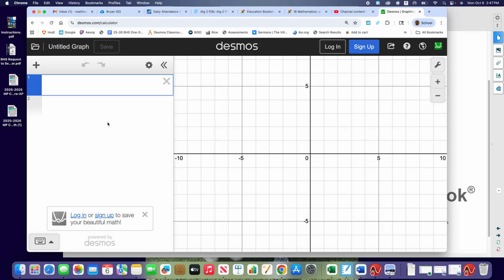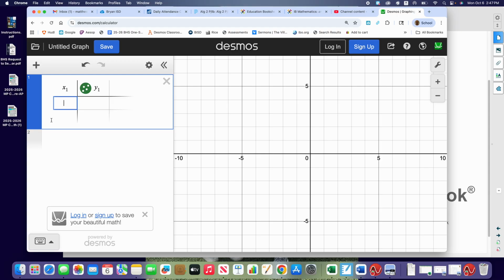When I go to Desmos, I'm going to build a table. Now, here's the hard thing. We built the table already, correct? Except it had 3 columns in it. We only want 2 columns. Which 2 columns are we going to put in here?